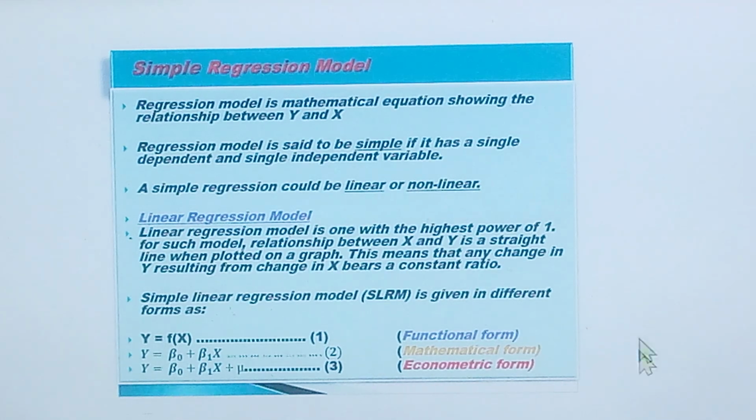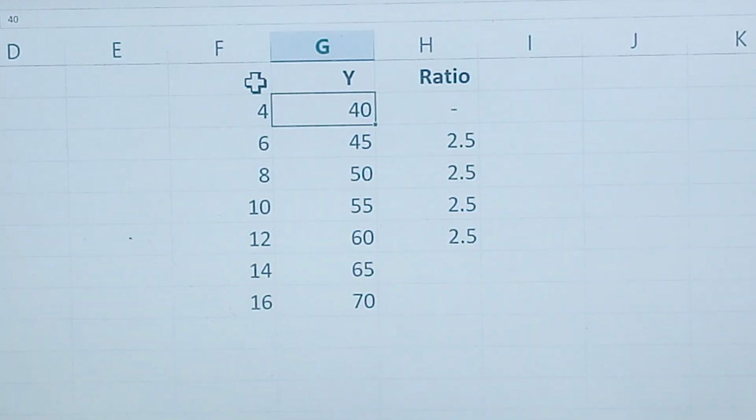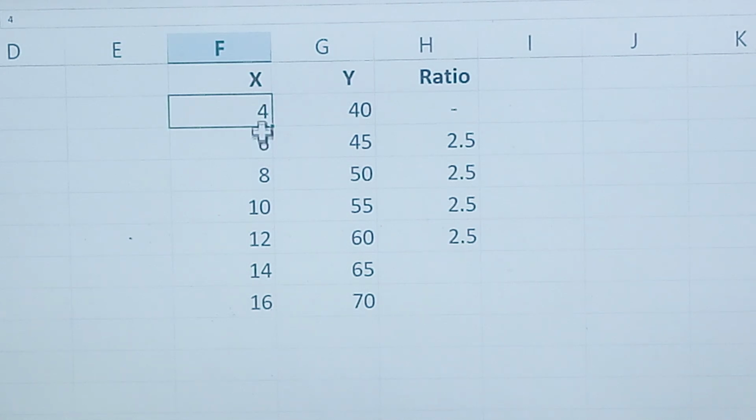What we are trying to say here is, let me quickly demonstrate this using our Excel sheet. Look, we have two variables here, x and y, and you can see that the value of x is rising from 4 through 6 to 8 and then up to 16. So here x is changing by an equal amount. That is, there is a difference of 2 between one observation and the next.